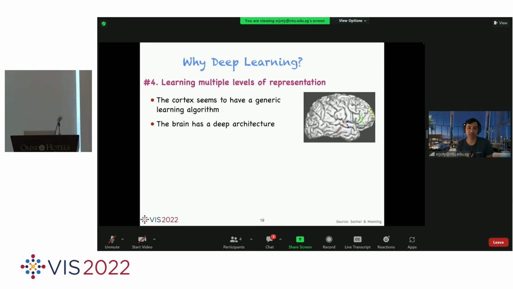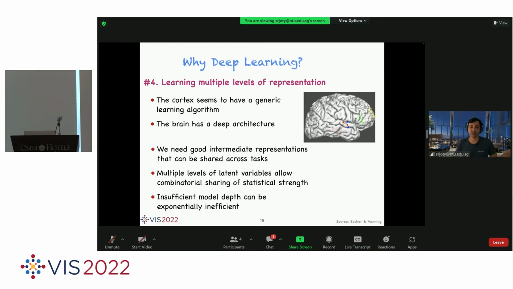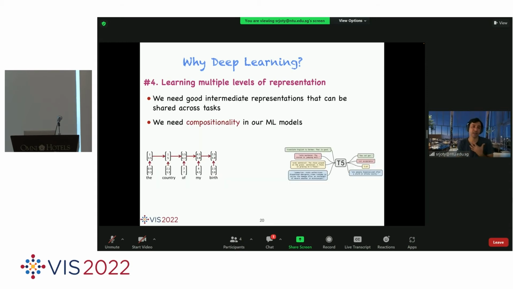This suggests that perhaps we need a hierarchical representation system where different parts can share information and also process their own information that they are specialized for. Again, in NLP now we see a lot of multitask learning and compositionality, like in the form of T5, where we try to do all sorts of tasks together.